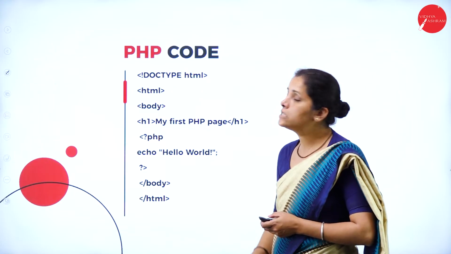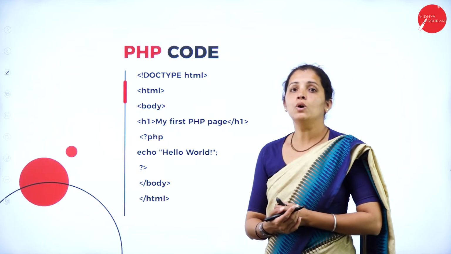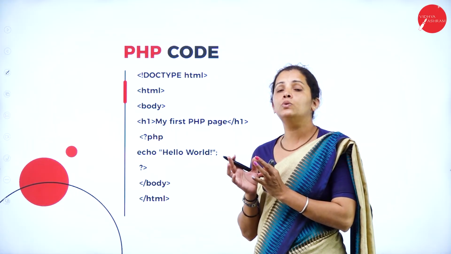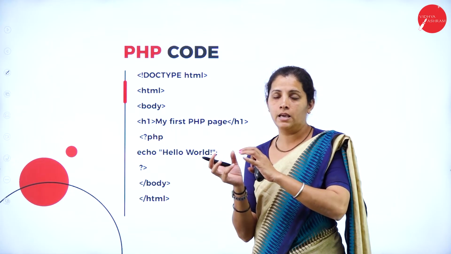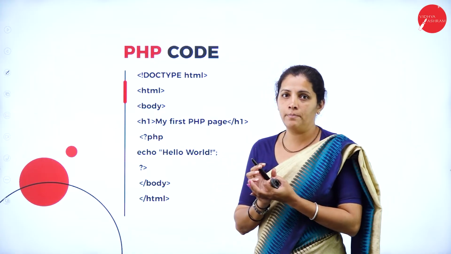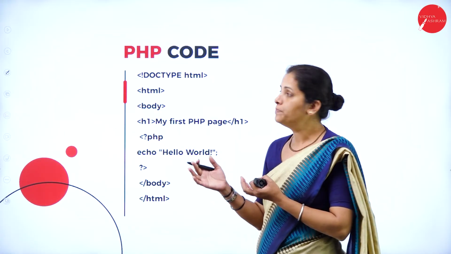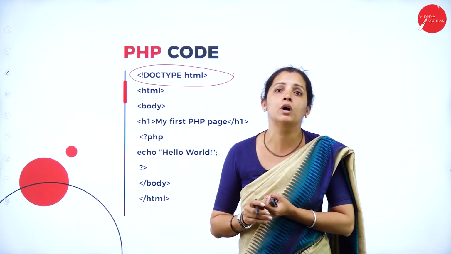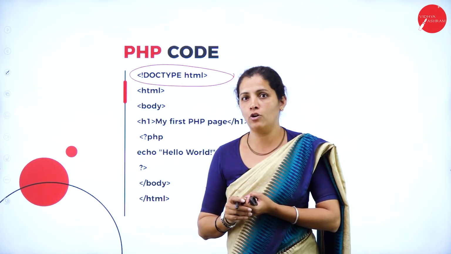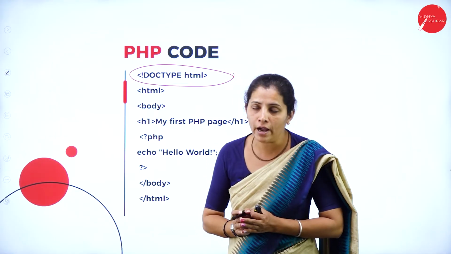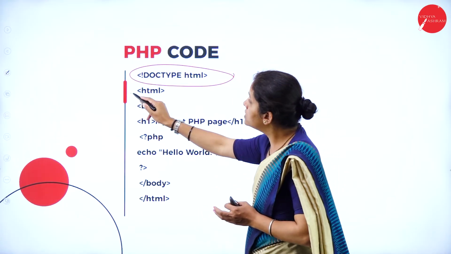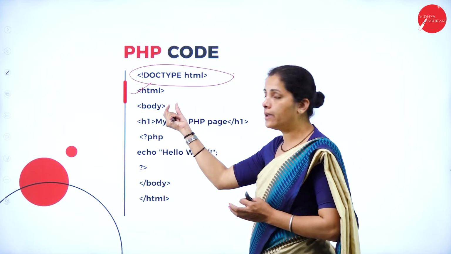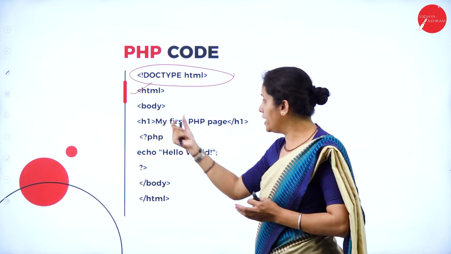Anyway, let's see a simple example. Till now we were discussing that I can write PHP within the HTML, so I'm going to embed it. If I write this, it indicates the version of the HTML document, for example HTML5. The code starts with the html tag. Then I have the body tag.